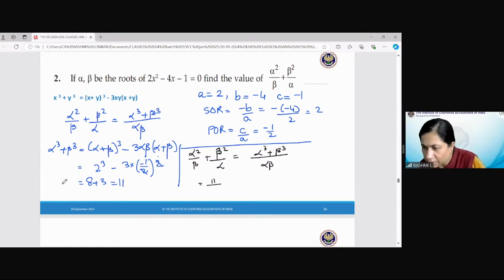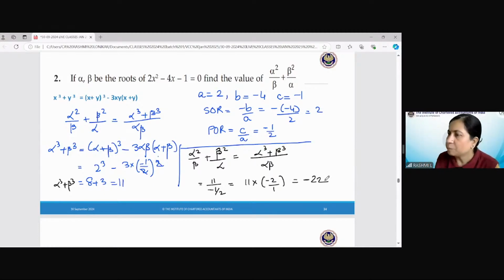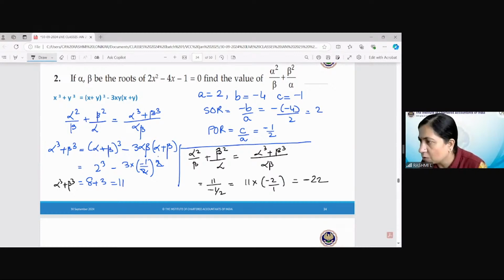Now, how much is alpha into beta? That is product of roots, minus 1 half. So upon minus 1 half, this is equal to 11 into minus 2 upon 1. Answer is minus 22. So this is how you should solve this.